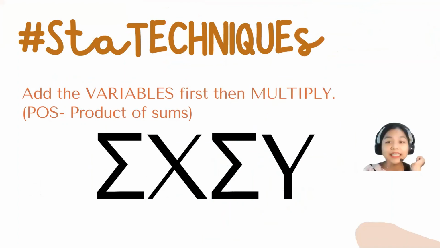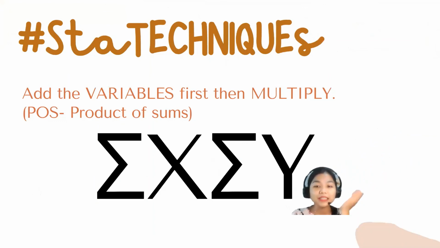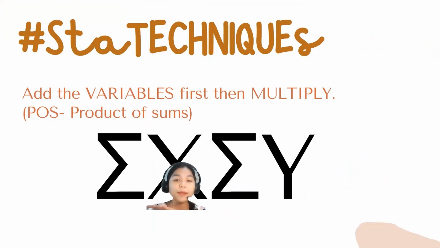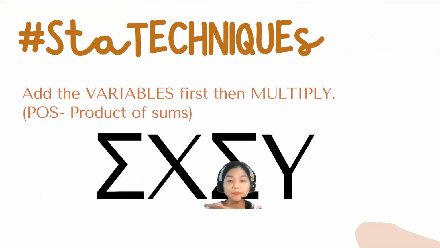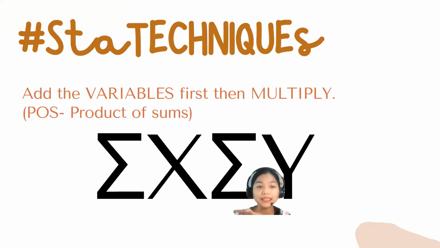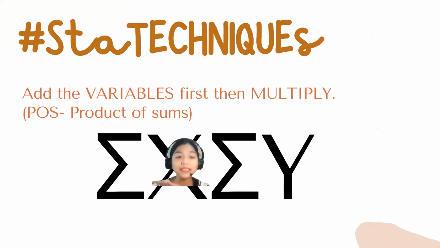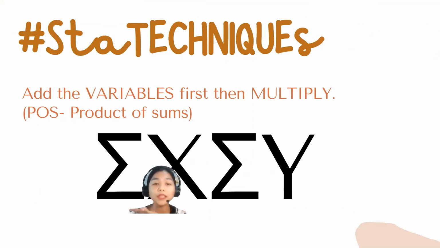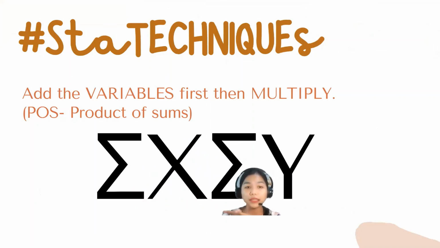So let's proceed now with our hashtag stat techniques. If we happen to see this notation, remember we have seen two sigma notations or sigma signs. This automatically tells us that we are going to get the product of sums.